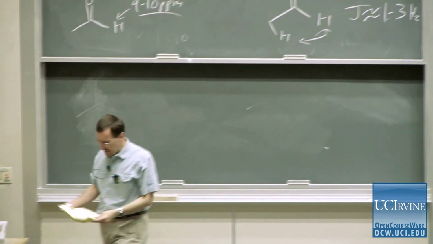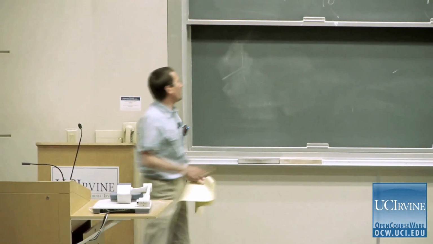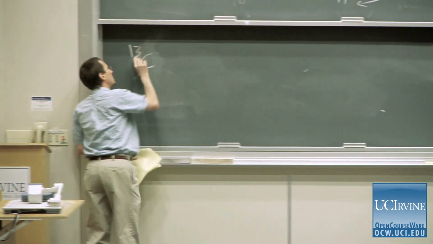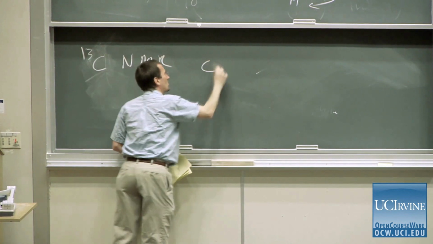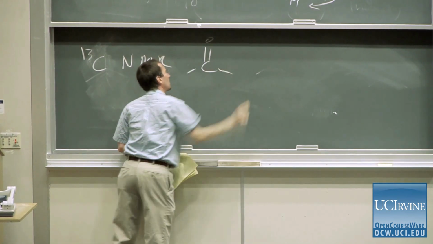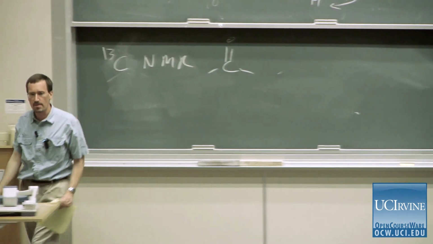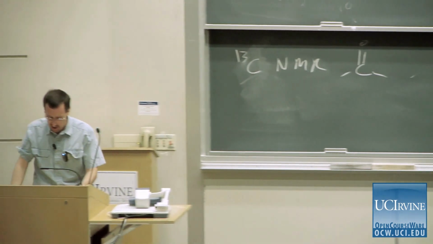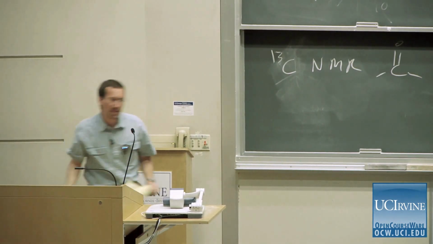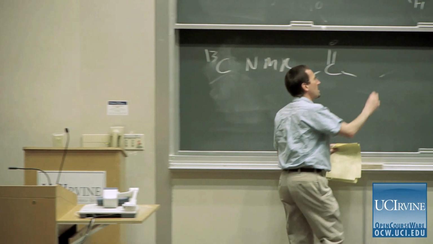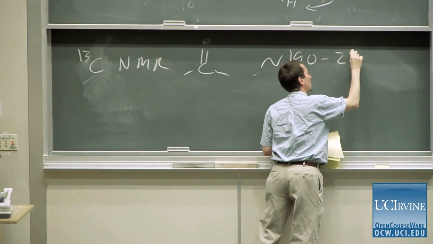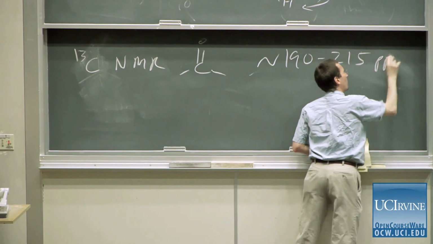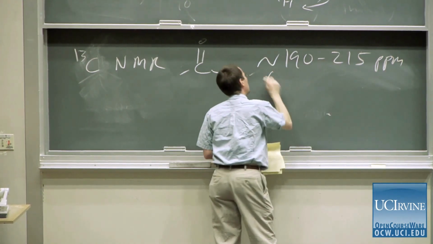I guess the other thing I'll touch on very briefly is your C13 NMR spectrum. The most defining feature of aldehydes and ketones in the C13 NMR spectrum is the carbonyl. Your textbook gives a number of about 190 to about 215 ppm for aldehydes and ketones.